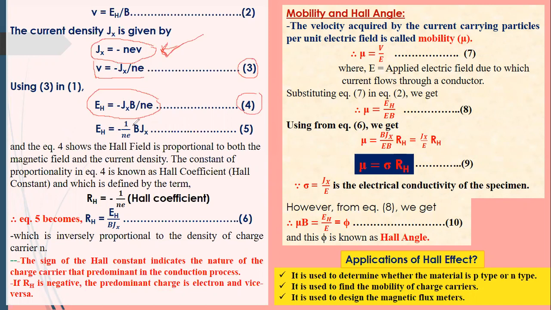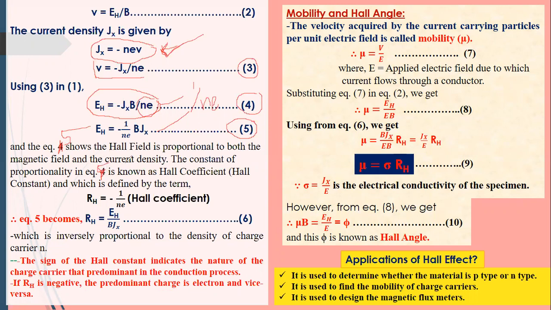After some rearrangement, if we separate out that Ne term, that is 1 upon Ne, we get the equation in this way: EH is equal to minus 1 upon Ne times BJx. So this is equation number 5. Here some typographical error was happening, so this is equation number 5.